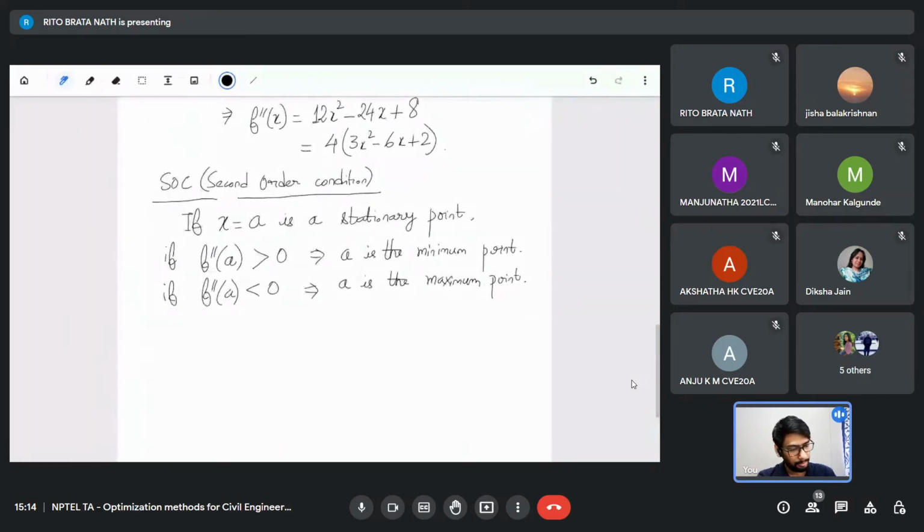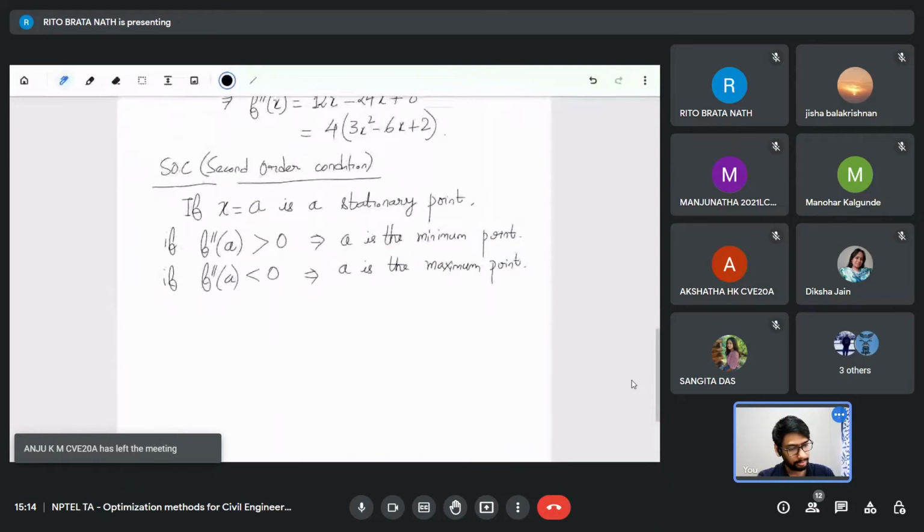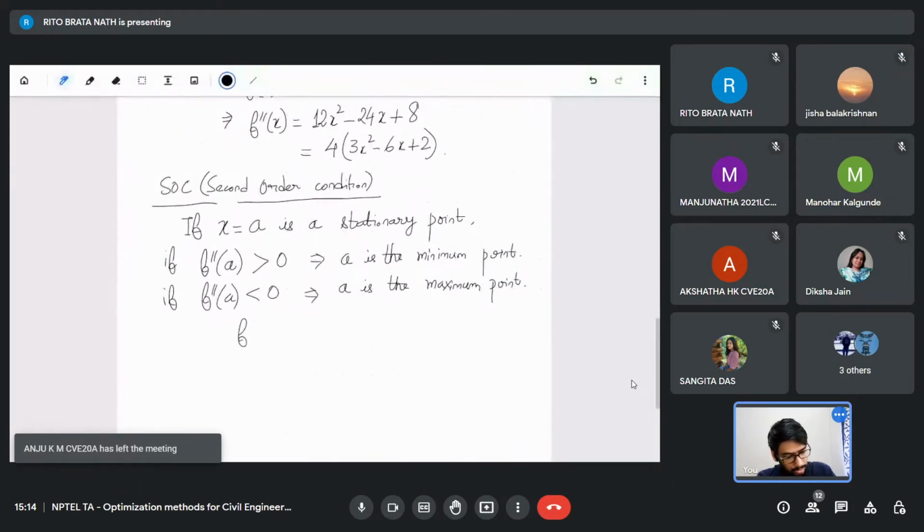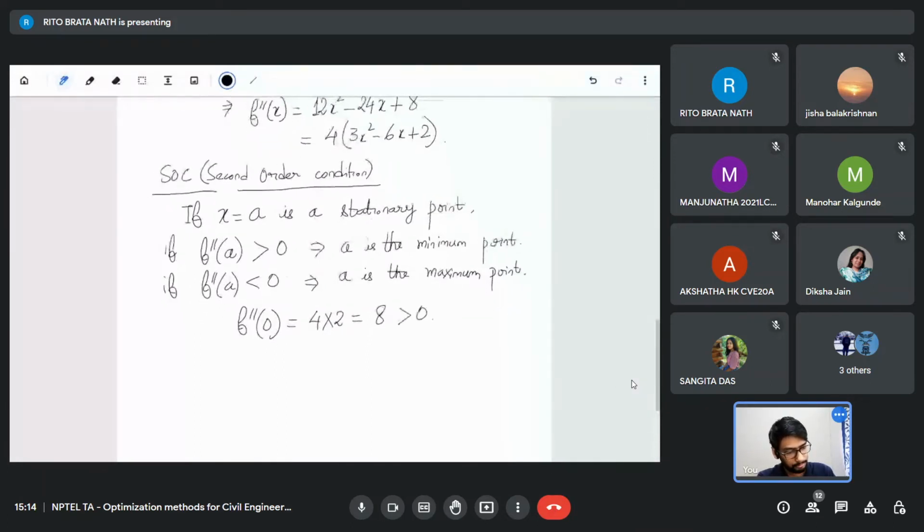Now let's apply this to this function. Our stationary points are 0, 1, and 2. Let me put 0 here. That will give me 4 multiplied by 2, which is 8, and this is greater than 0. Next, if I put f double prime 1, that gives me 4 times (3 minus 6 plus 2), which is negative.